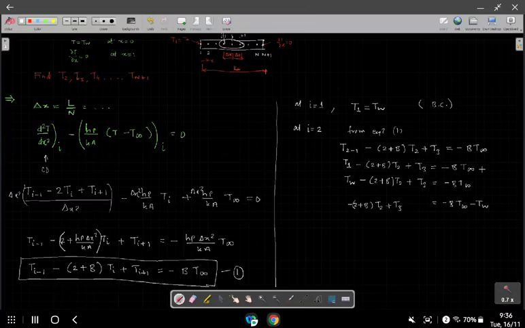So I'll write this equation as A, or B1 prime and B2 prime, or I write this A prime, B1 prime, B2 prime.